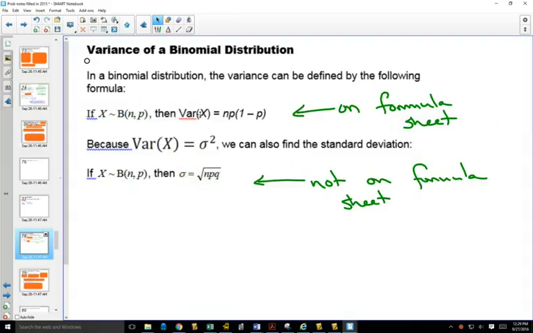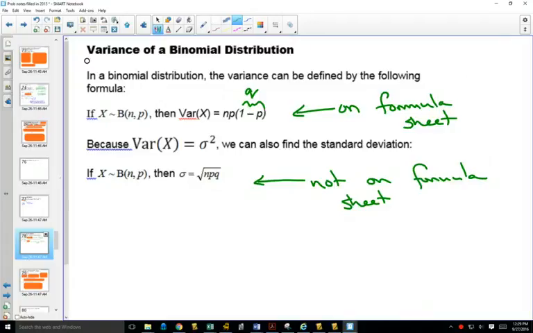We're going to learn more about standard deviation when we do normal distributions. Standard deviation is another way of measuring how much things vary. In fact, it's just the square root of the variance. Notice in this formula, this 1 minus p, we wrote as q before to be what doesn't happen.